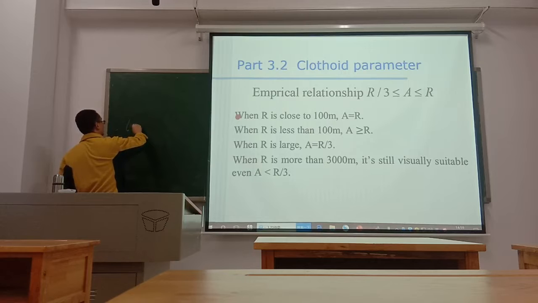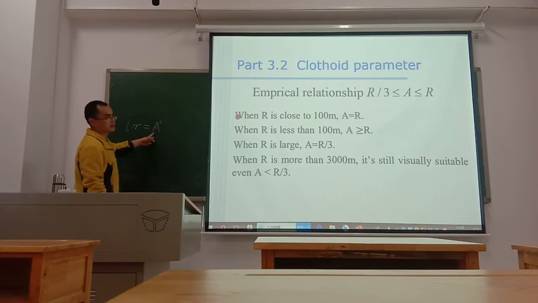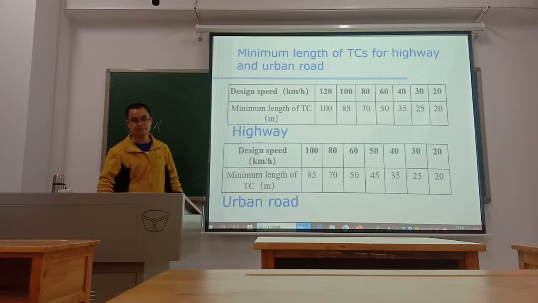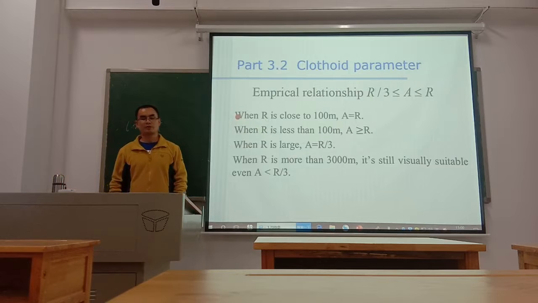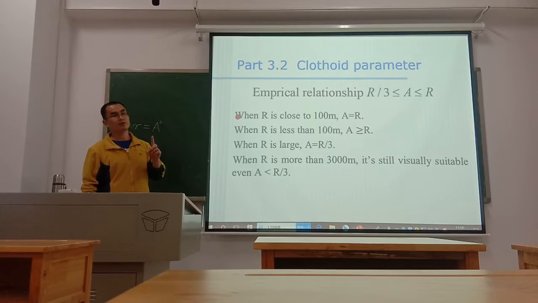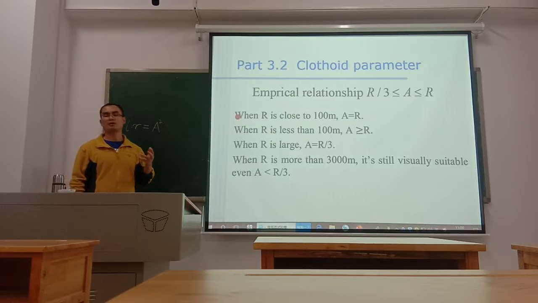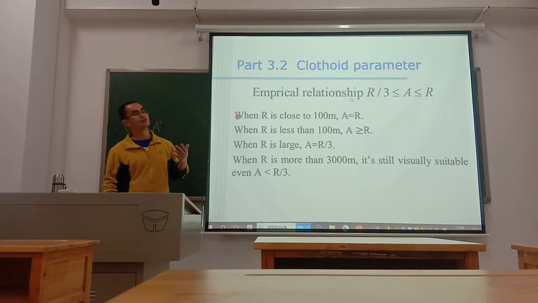L times R equals the square of A. A is the clothoid parameter. The empirical relationship is that A is greater than or equal to radius divided by 3, and less than or equal to the radius.